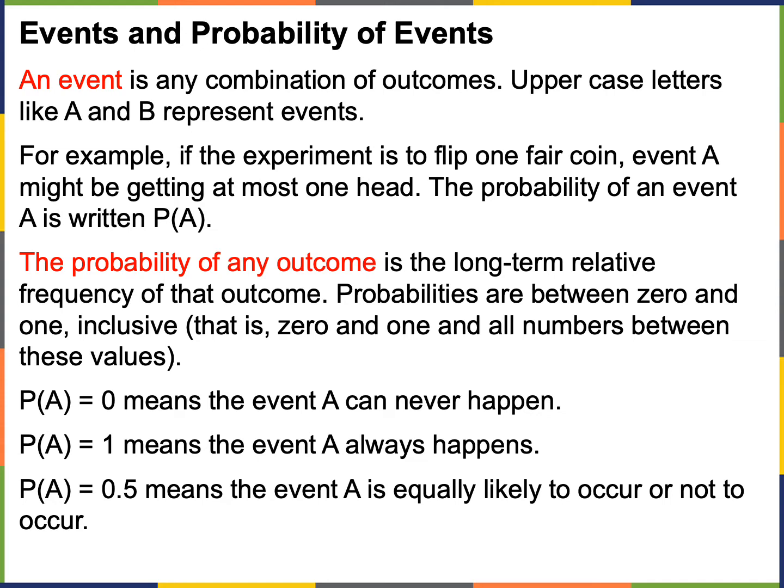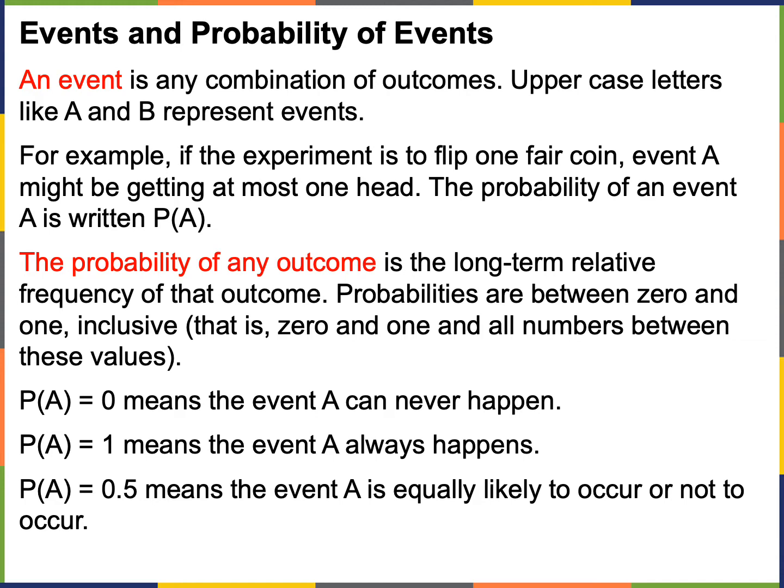Recall relative frequency. The probability of any outcome is the long-term relative frequency of that outcome. For instance, what's the probability of getting heads when you flip a coin? That's 1 out of 2 outcomes. With relative frequency, you count the number of times over the total possible.